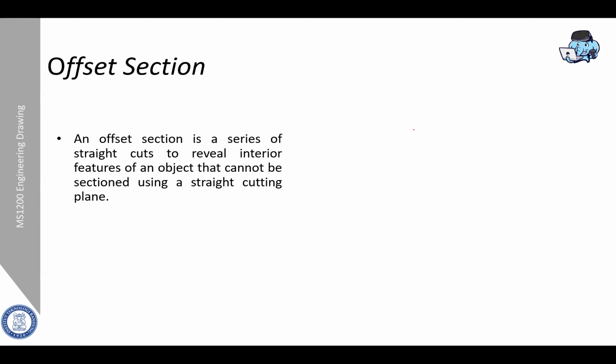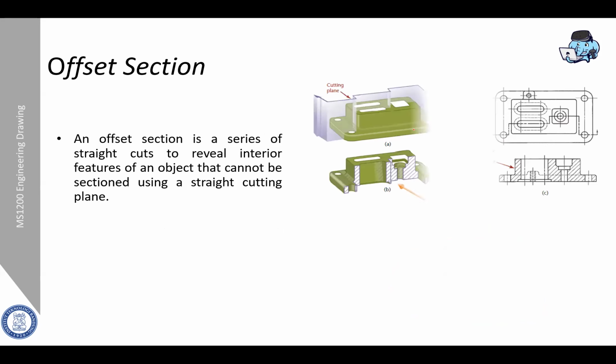The next one is the offset section. An offset section is a series of straight cuts to reveal interior features of an object that cannot be sectioned using a straight cutting plane. So please see this cutting plane. It is not a straight one. It is a set of straight cuts.